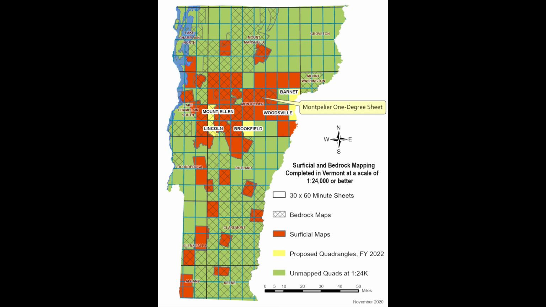Eventually, these maps will be stitched together like the 1970 map, but we're not quite there yet, as you can see from the maps in red on this graph. These newer maps can be found on our website in the Publications and GIS Online section under Open File Reports, which we looked at earlier.